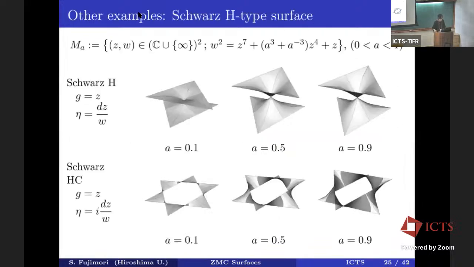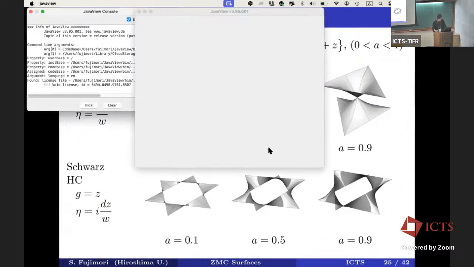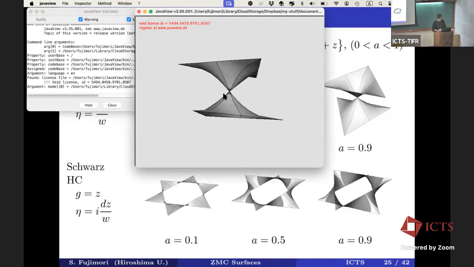And we have another example. We start from the Schwarz H surface. There is a surface called the Schwarz H surface, which is also a triply periodic minimal surface in R3 of genus 3. With this data, we have this surface. We have a convex singularity again.